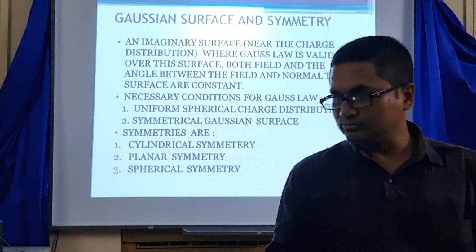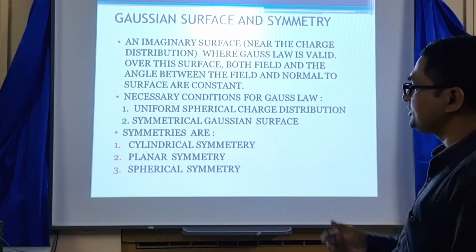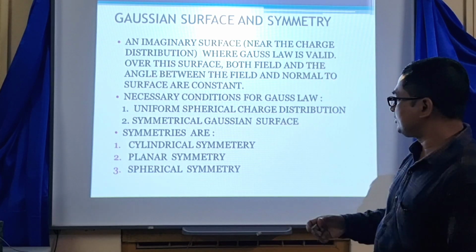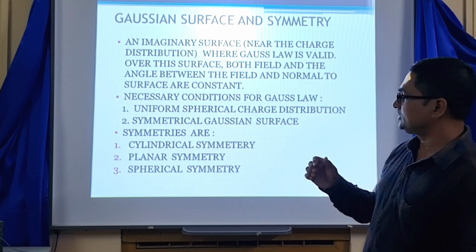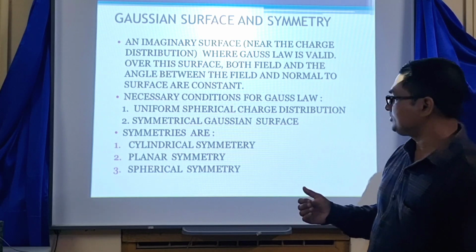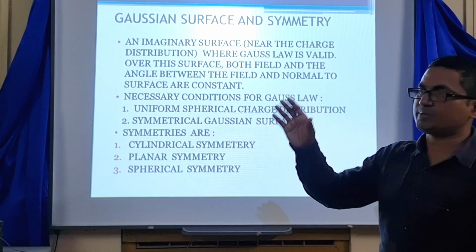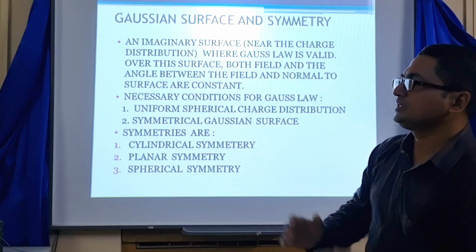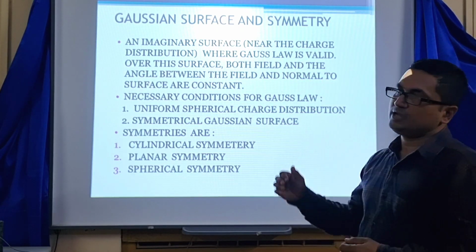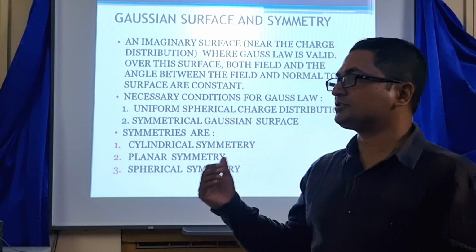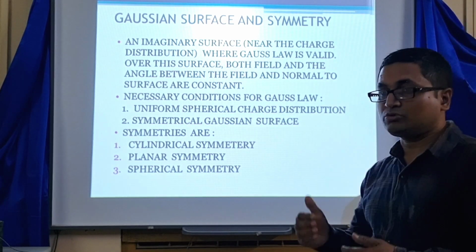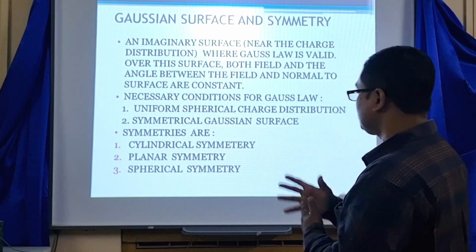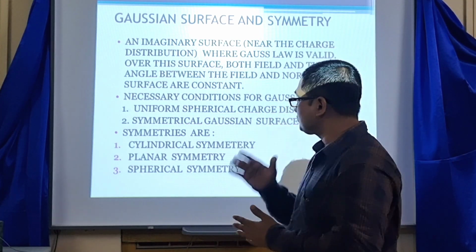With obvious examples, we understand cylindrical symmetry by taking the case of an infinitely long cylindrical wire, planar symmetry with respect to a sheet of charge, and spherical symmetry with respect to a solid sphere. We'll apply Gauss law there and understand what kind of surfaces we require for the different kinds of such distributions. So this is all about the Gaussian surface.